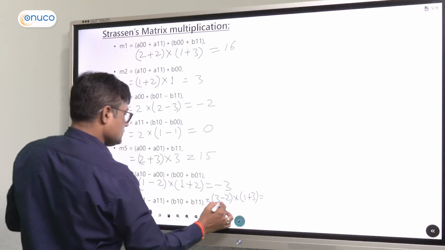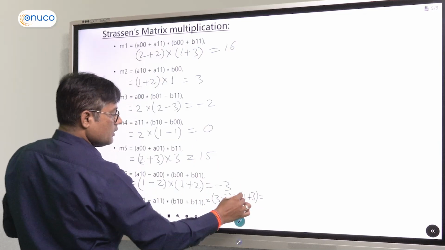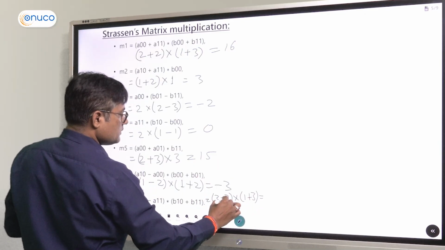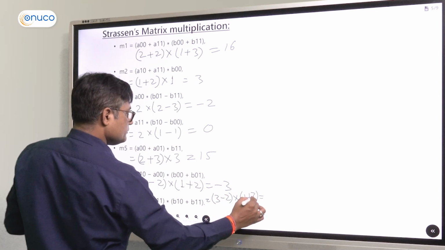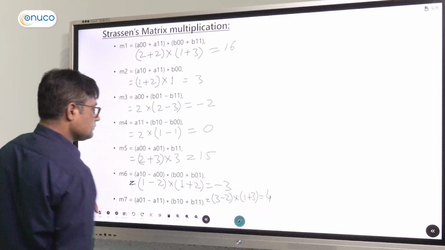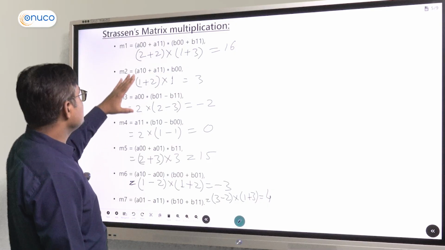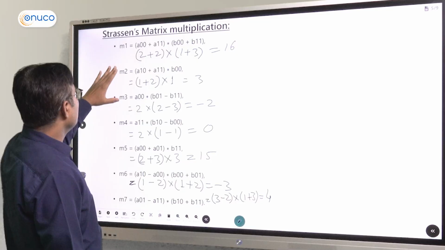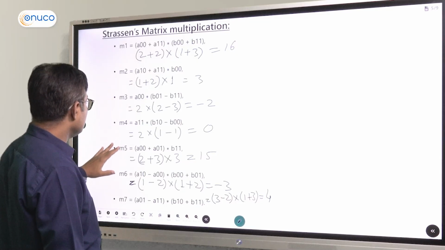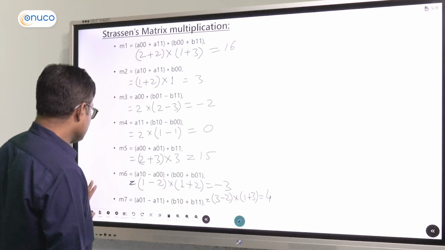If we compute this, 3 minus 2 is 1, 3 plus 1 is 4, and 1 times 4 is 4. So we have now computed M1, M2, M3, M4, M5, M6 and M7.